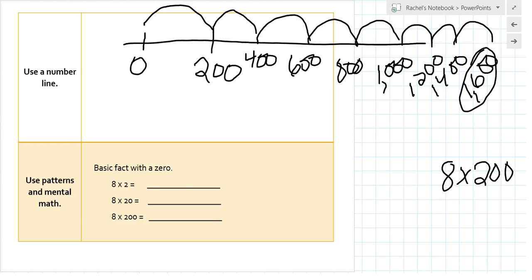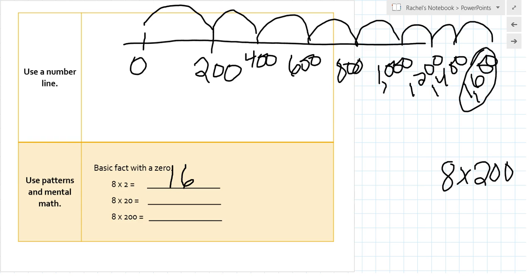The one strategy that students probably look to and use most often, because it's the most sophisticated and easiest to look at and understand, is using your basic fact and just adding zeros. So it's really a pattern and mental math. 8 times 2 is 16. That's 8 groups of 2, or counting by 2 8 times.